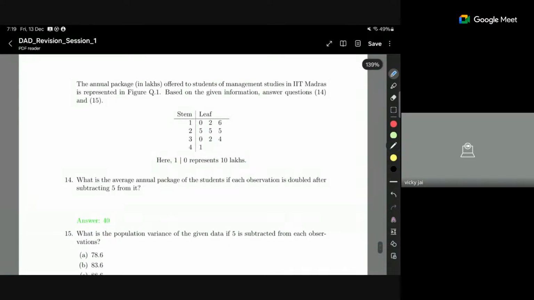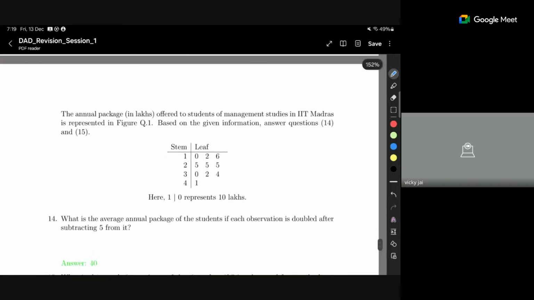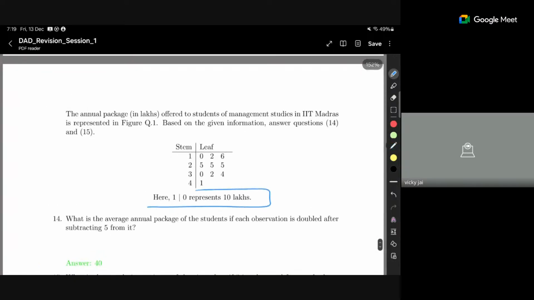Okay, leaf plot. So how do we actually read a leaf plot? Whenever a leaf plot is given, we always first look at how this representation looks, right? Here, 1 and 0 means 10 lakh. So this is 10 lakh.